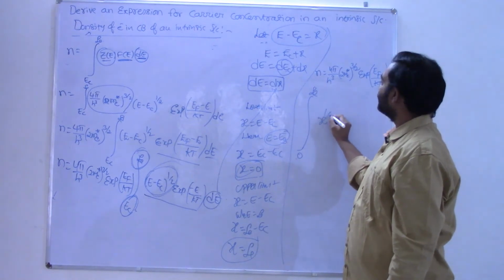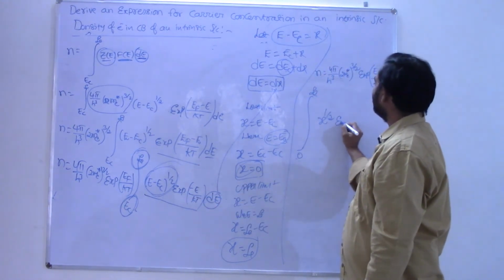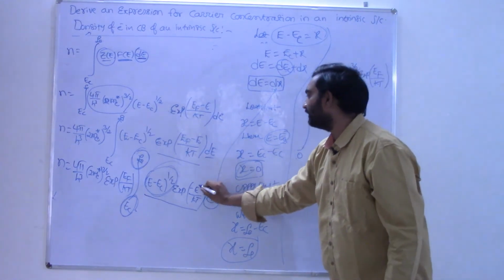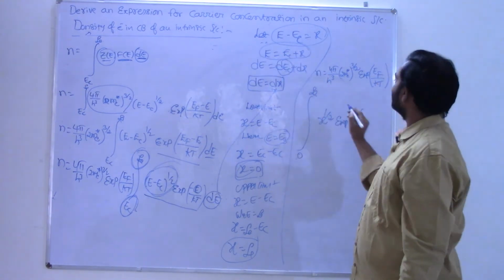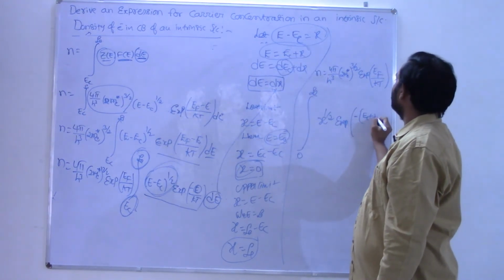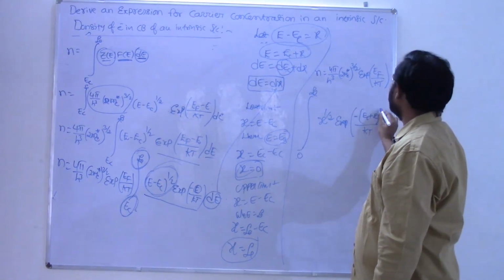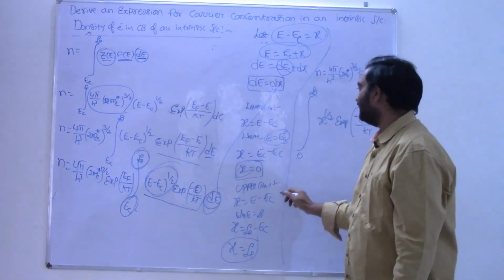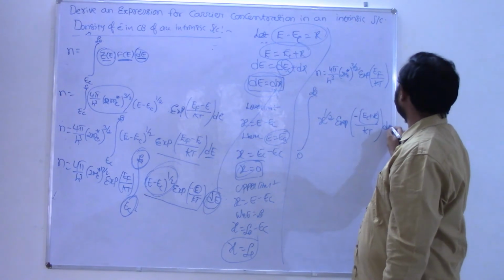So x to the power of half into exponential of minus E. Here what is the E value? EC plus x. So exponential of minus (EC plus x) divided by kT into dE. This dE is nothing but dx.